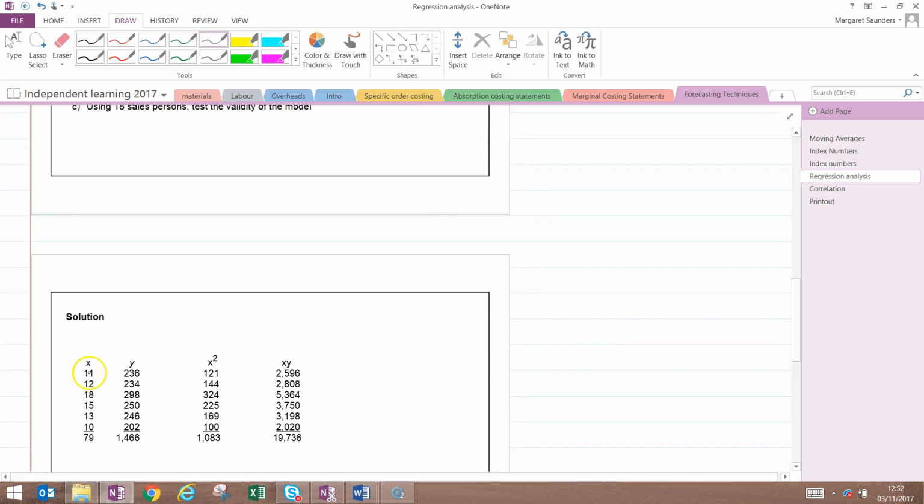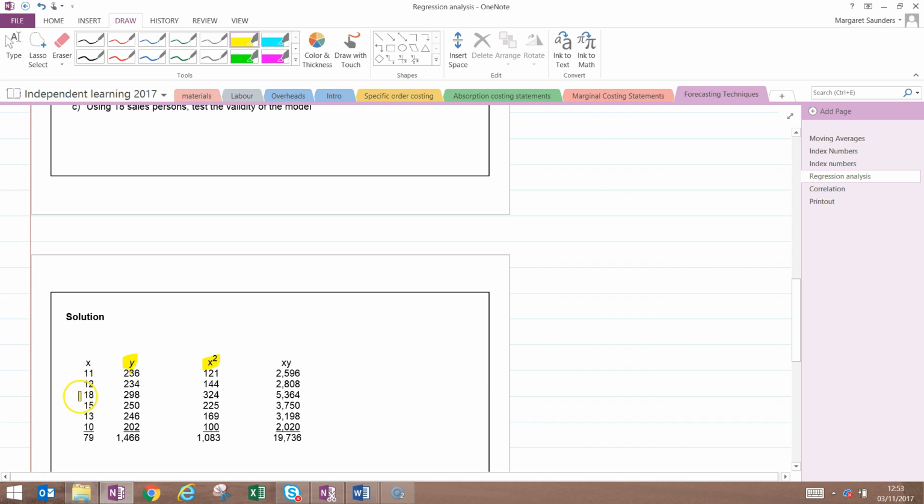So here we have our values of X. This is our salespersons. Here we have the values of Y. This is our sales. The next thing that we need to work out is X squared. So that is 11 squared, giving us 121, 12 squared, 144, and so on.